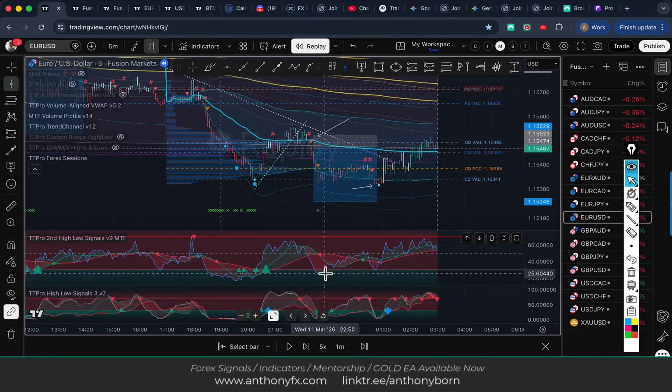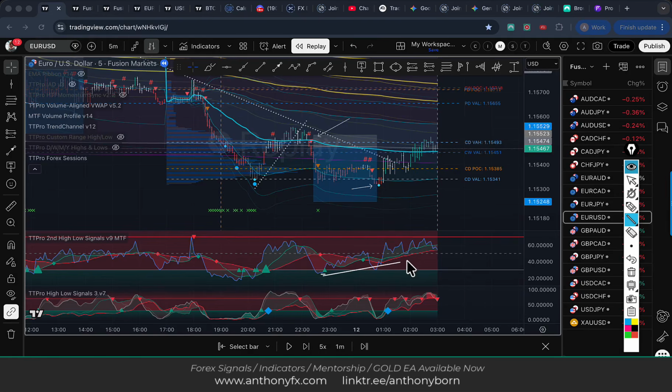Just look at that. So you just got to really train yourself to look at these signals. So look at the trajectory. There's a bullish divergence right there, and this signal here is telling you that it looks like it wants to turn around. That one's overextended.